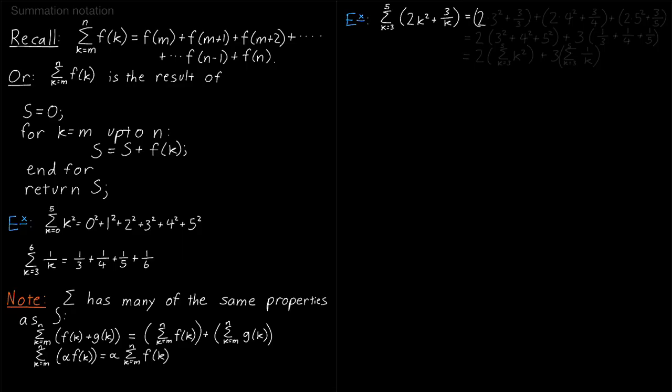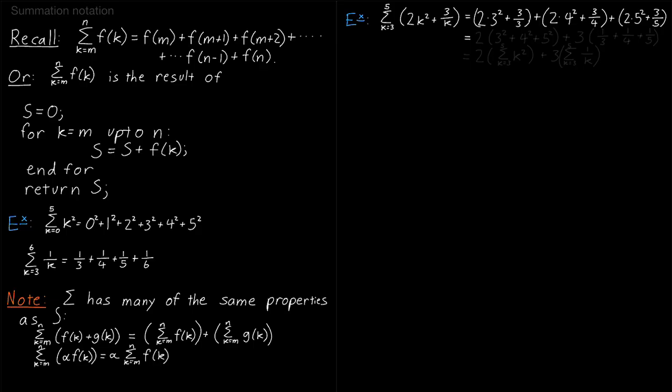That's 2 times 3 squared plus 3 over 3, plugging in 3 for k. And then we add to that 2 times 4 squared and a 3 over 4, and then a 2 times 5 squared and a 3 over 5.